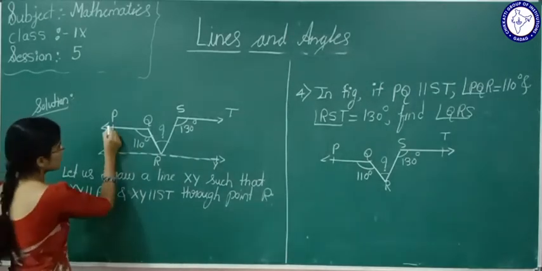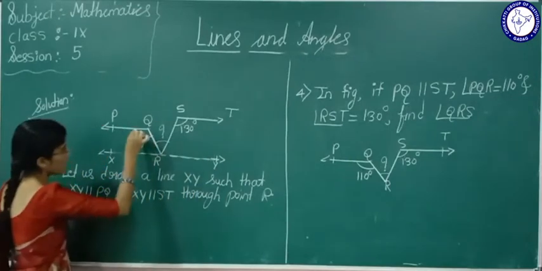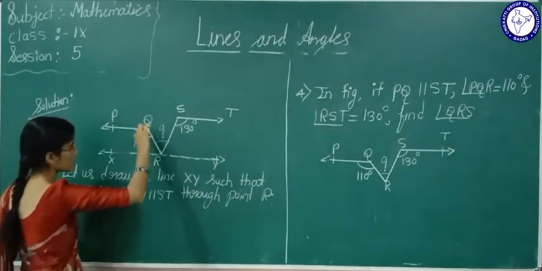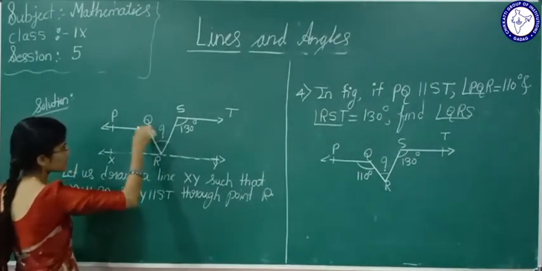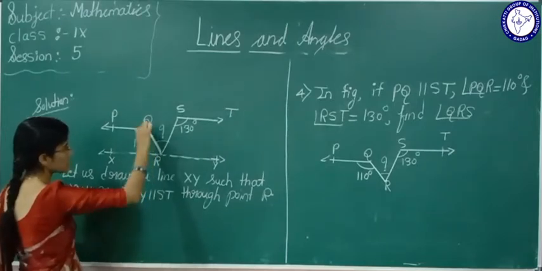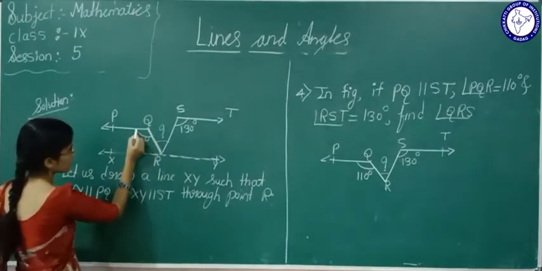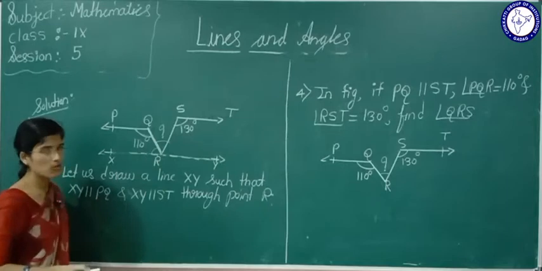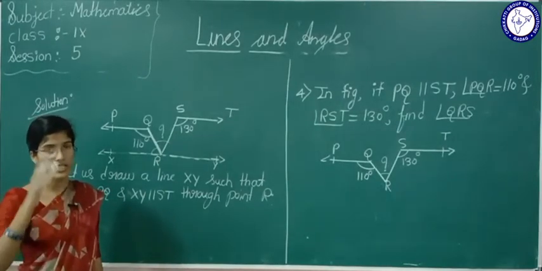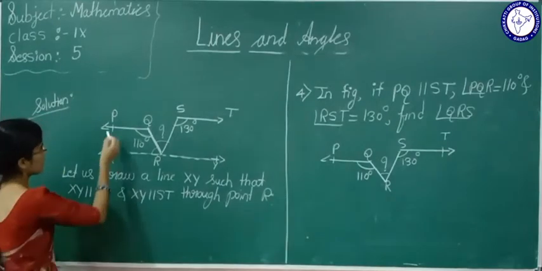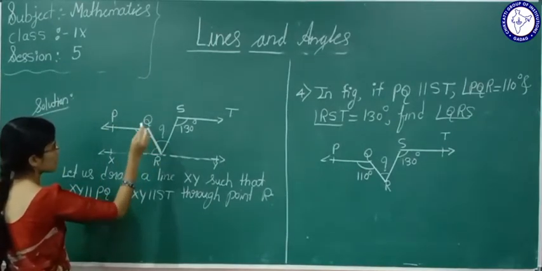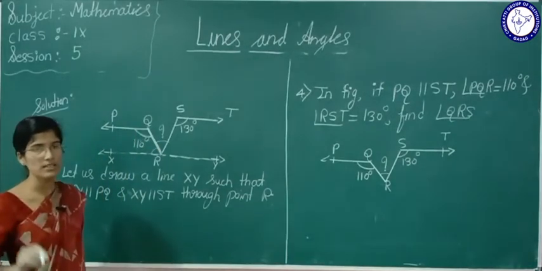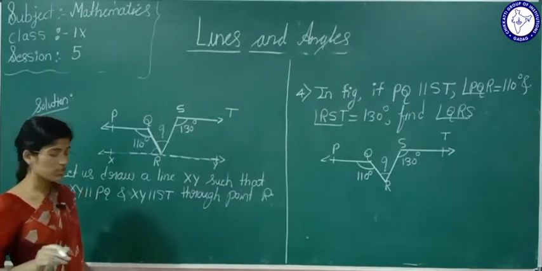Now see, students, PQ and XY are two parallel lines, and this line is a transversal. Which property can we use here? What is the relation between these two angles? Co-interior angles on the same side of the transversal are supplementary. That is, angle PQR plus angle QRX is equal to 180 degrees.